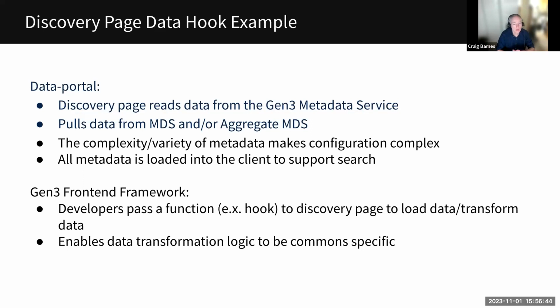So the front-end framework implements a discovery page, and we provide the standard hook to pull data as Data Portal does. But the advantage is that you can also pass a function to load and transform data any way you want. This enables data transformation logic to be commons specific.